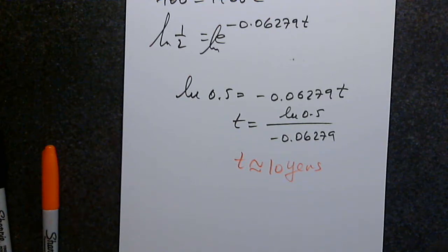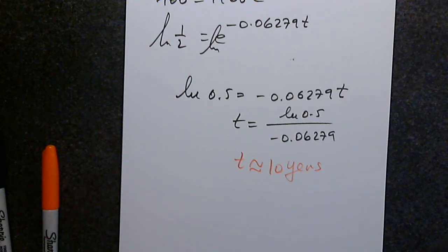Somewhere in that range. Okay, so we started with 1400. In 10 years, we did 700. In 10 more years, how much will we get? One more time. We started with 1400. In 10 years, 700. In 10 more years, 350.